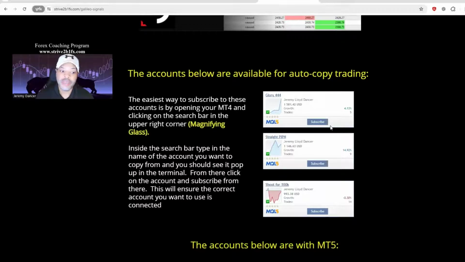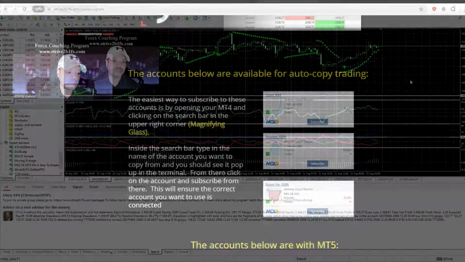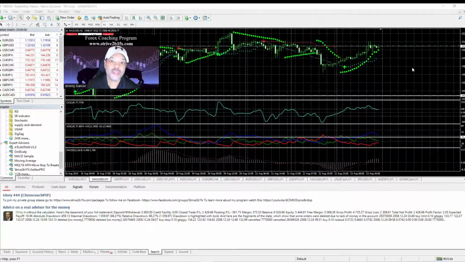Even though you can technically subscribe to the accounts from here, it gets a little tricky if you have multiple MetaTrader 4 accounts or multiple MetaTrader 5 accounts. To keep it easy, I recommend going to your MetaTrader 4. In the upper right-hand corner, click on the magnifying glass and type in the name of the account that you want to copy from.